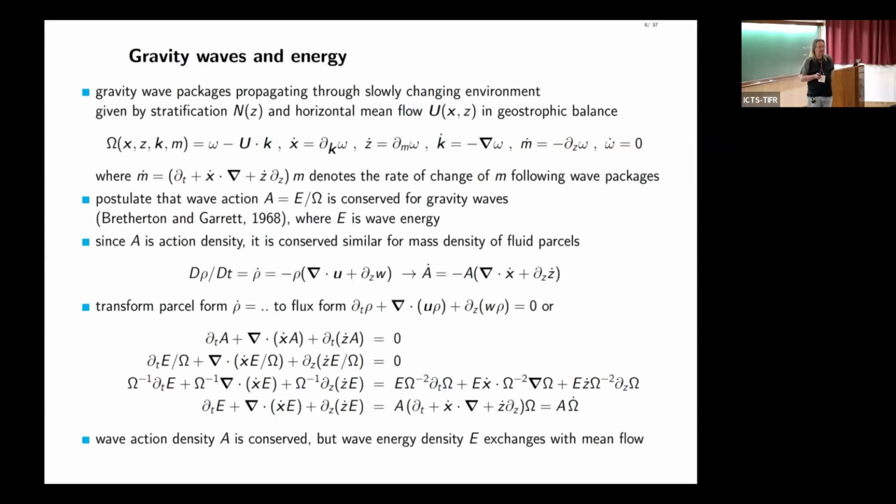So in the ocean, what is your epsilon like? Is it like order Rossby number, or is it something much smaller? No, it's like Rossby number we usually took for epsilon. Okay, so then the mean flow has to change on that 1 over Rossby time scale, right? Yeah, but in this ansatz, or in this construction, it's of course fixed. And it's fine for this ansatz, right? That's usually done in theory. Everybody does it.